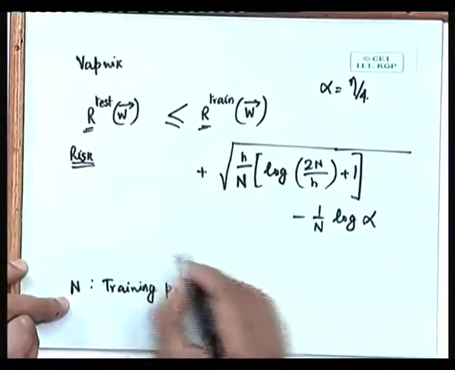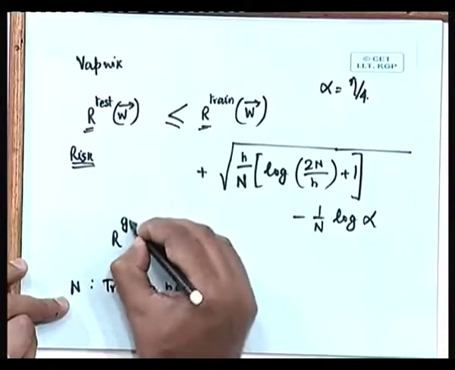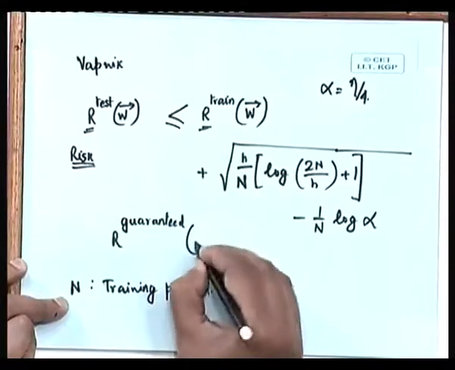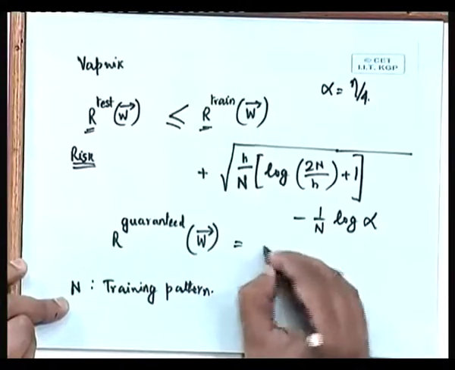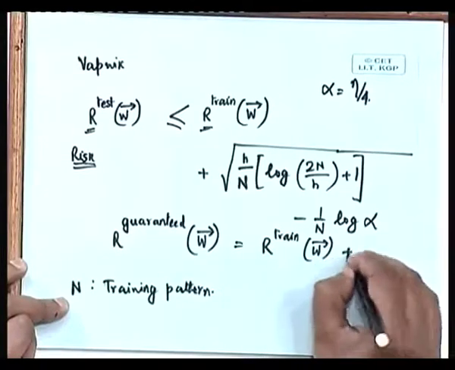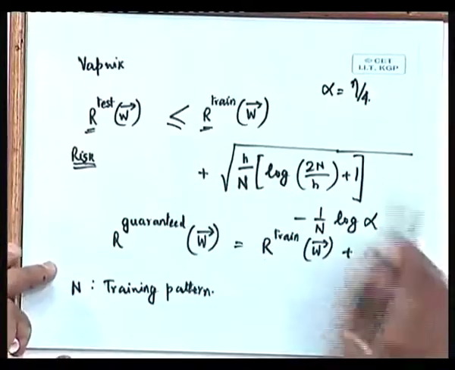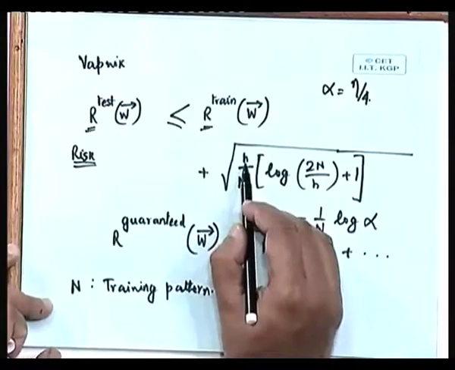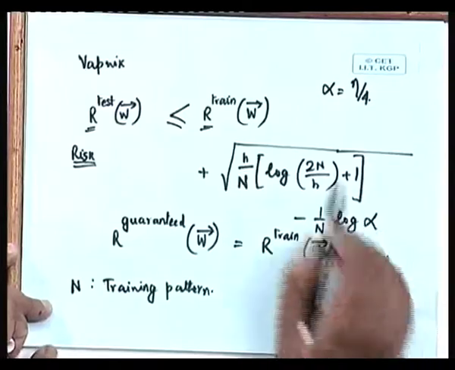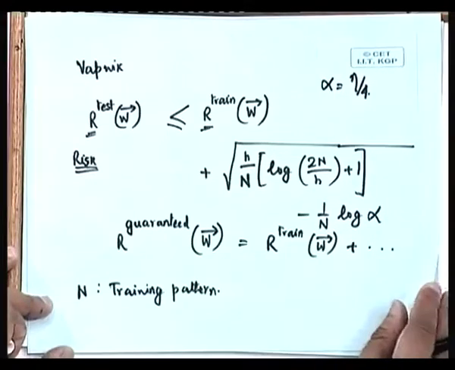So we are going to call it R guaranteed as a function of W, which will be equal to R train as a function of W plus this expression. Instead of writing this expression in terms of H, which is the VC dimension, N, the number of training patterns, and alpha, we are going to use a more simplified nomenclature.